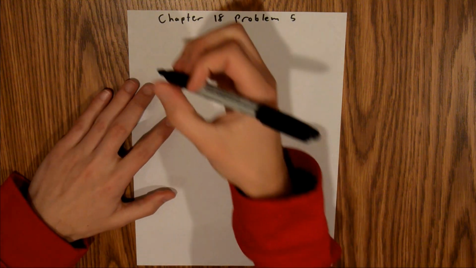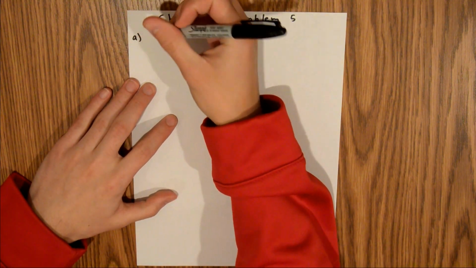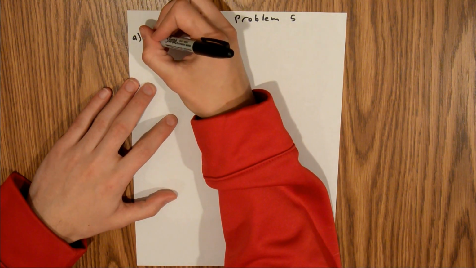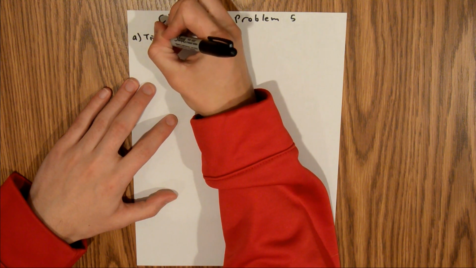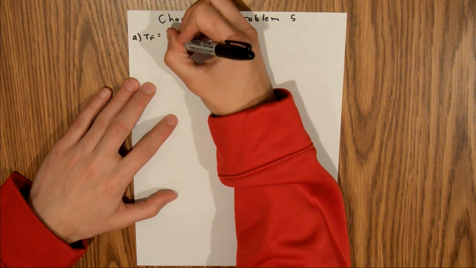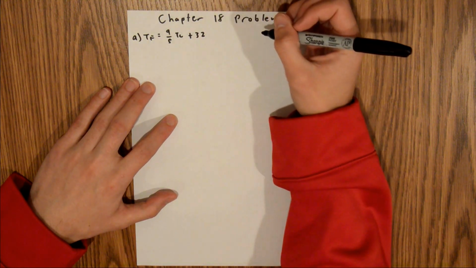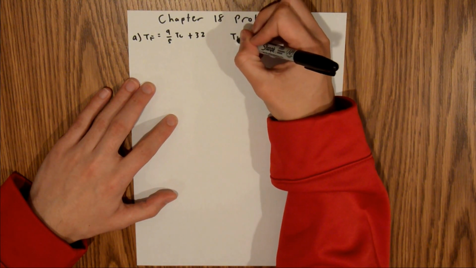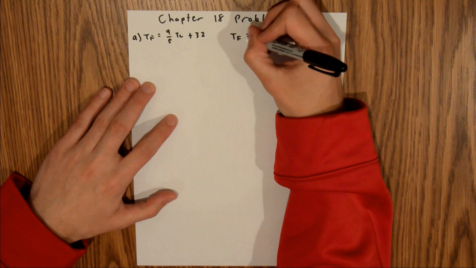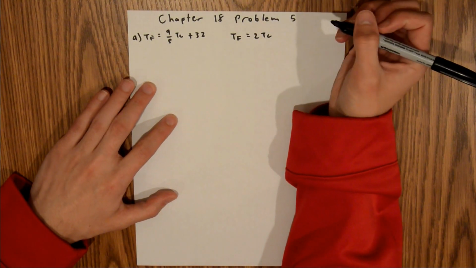So we know that the relationship between the Fahrenheit scale and the Celsius scale is TF is equal to 9/5 TC plus 32. And so for part A, we are trying to find the temperature in Fahrenheit which is 2 times the temperature in Celsius.